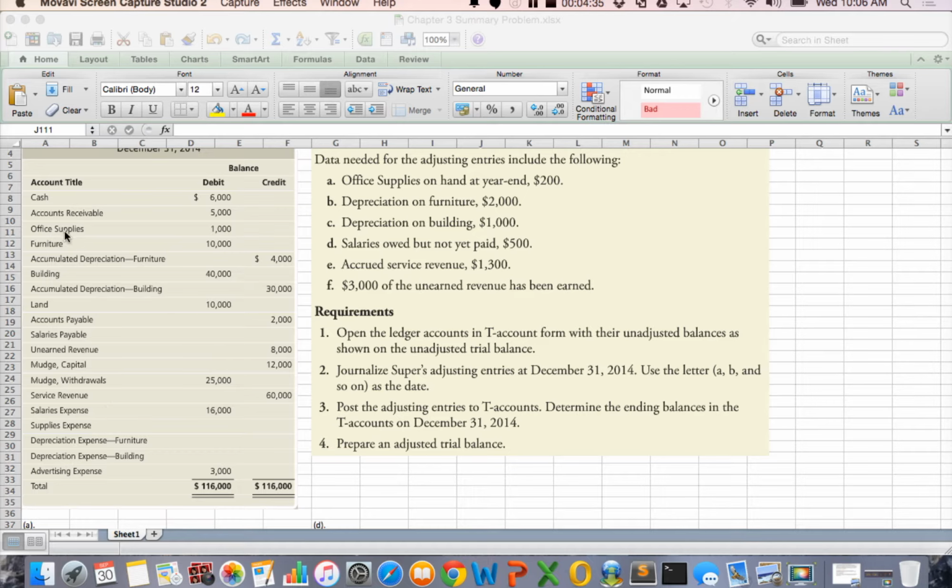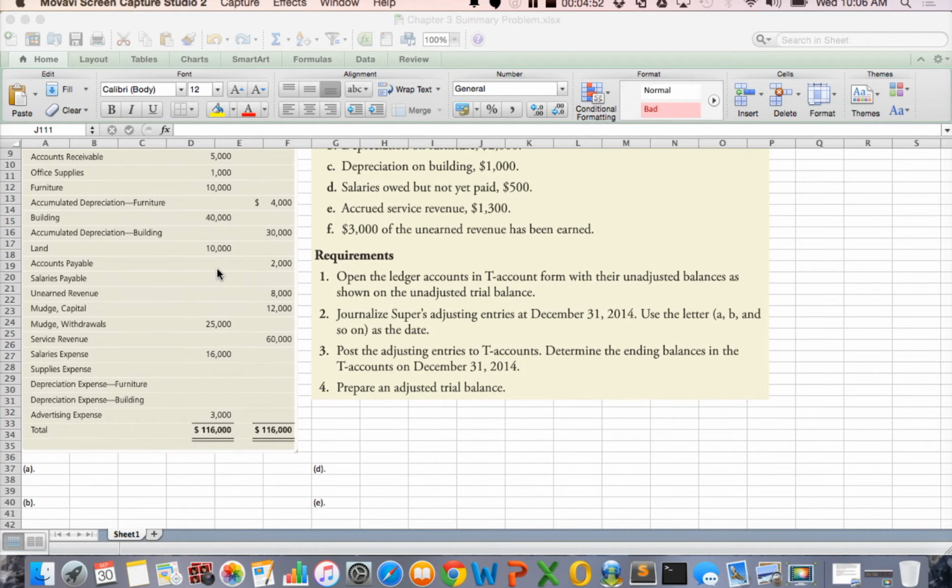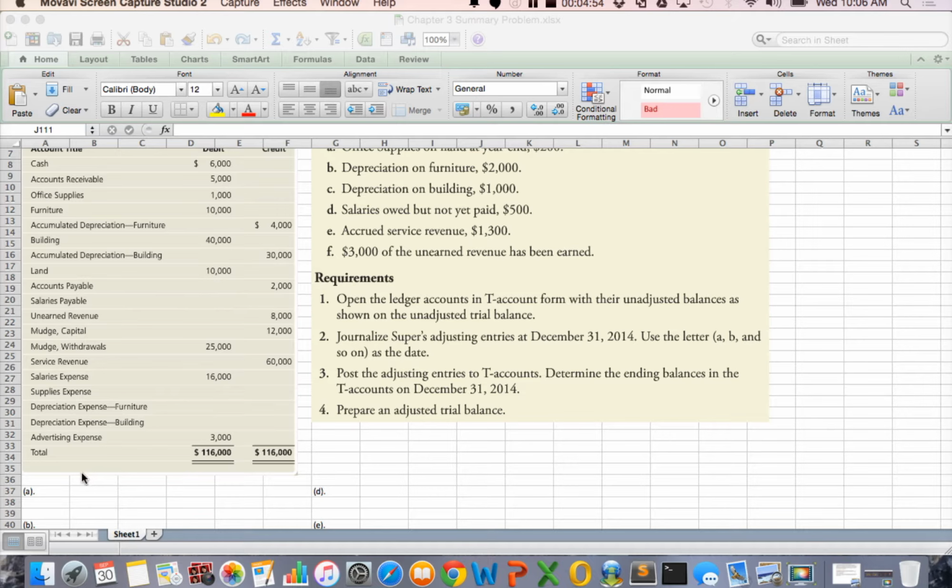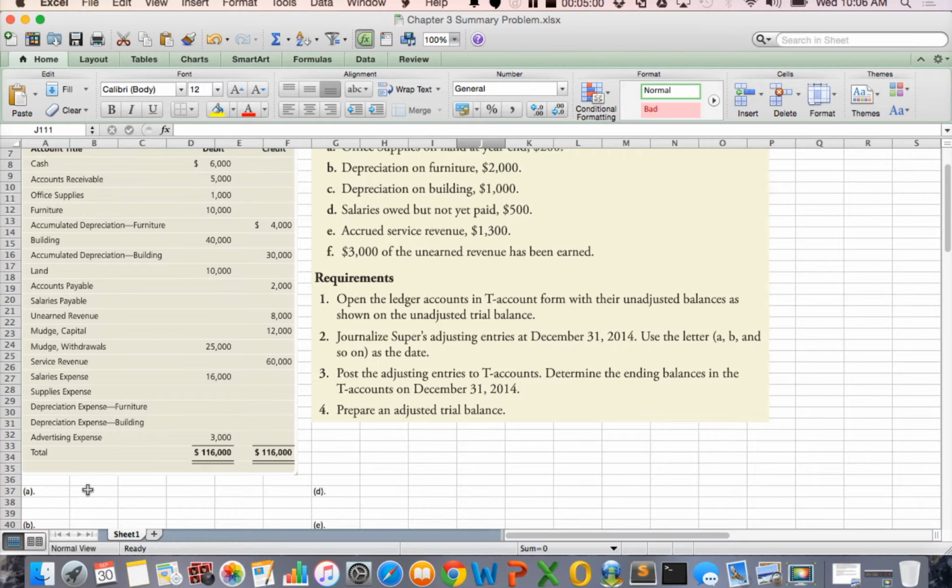But right now, the balance before I do the adjusting entry is $1,000, okay? So that means I used $800 worth of office supplies during the period, okay? So my journal entry that I do right here is going to recognize an expense for the office supplies that I used.